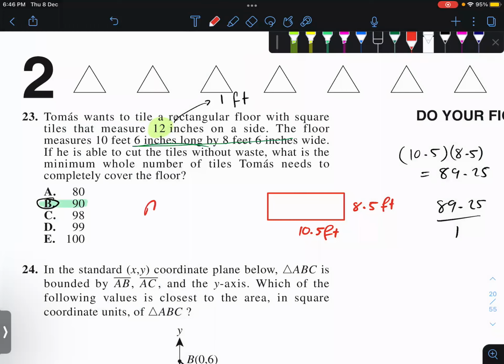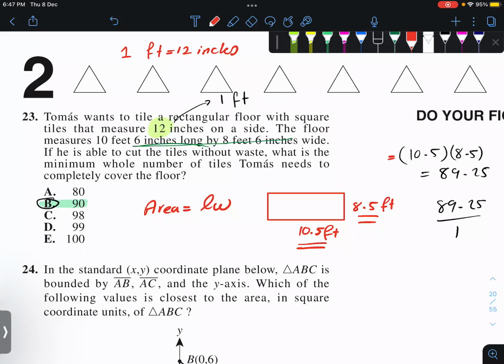Find the area of a rectangle, which is length times width. But before multiplying, you should change the units because it's 10 feet and 6 inches. We know that 1 foot is equal to 12 inches. So when I have 6 inches, it means half a foot plus 10 gives 10 and a half. And the same thing with 8 and 6 inches, 8.5.